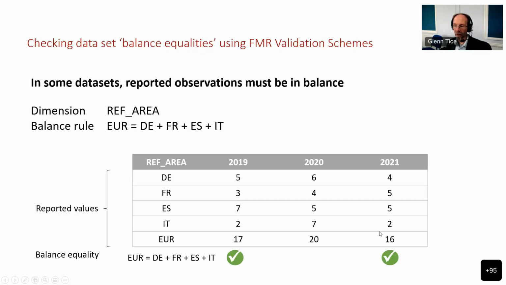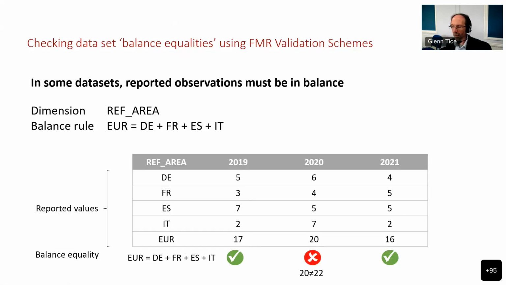So in the example here, I've got three separate time periods which have been reported, and so we can see for 2019 that rule holds true. So the sum of the values for those individual country level series does indeed total the value which has been reported for the aggregate European value, and similarly for 2021.